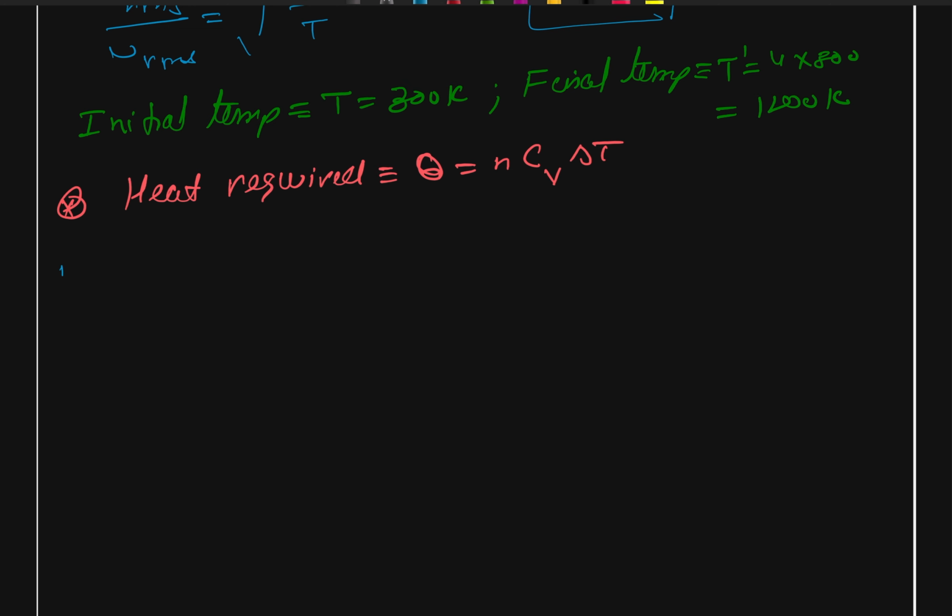We can say n is equal to the given mass divided by the molar mass. Given mass is 15 and molar mass is 28. So number of moles will be approximately equal to 0.536.